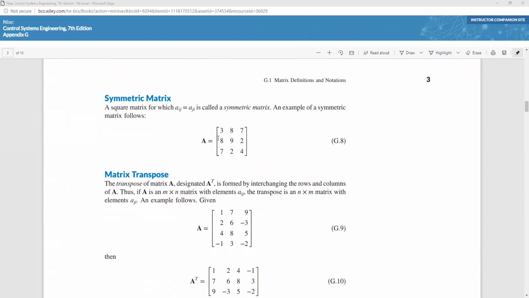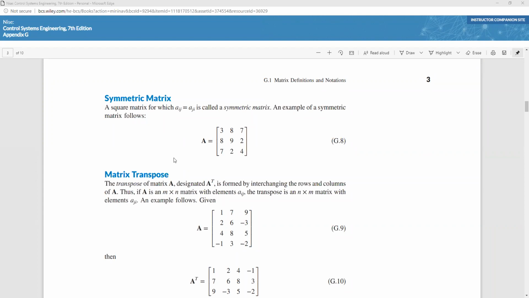Symmetric matrix: a square matrix for which aij is equal to aji is called a symmetric matrix. An example of a symmetric matrix is this, 3 8 7 and so on.